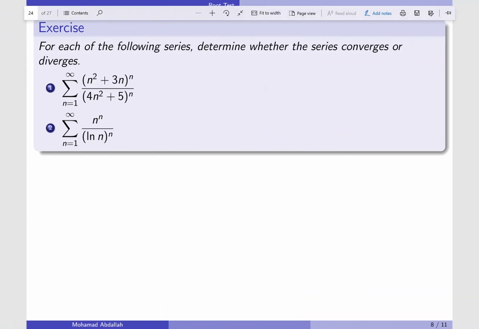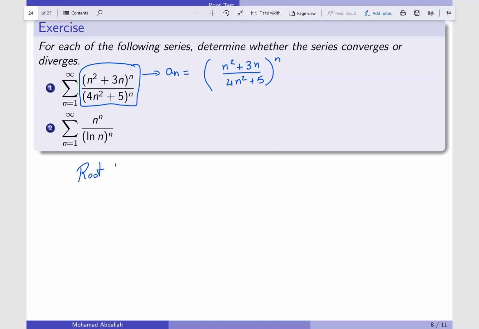Okay, look at the first one. This is a(n). I can write it in a nicer way, like that: n squared plus 3n over 4n squared plus 5, all to the power n. Here it makes more sense to use the root test.